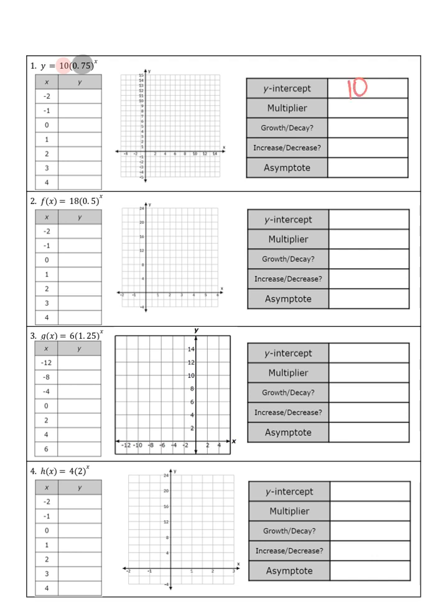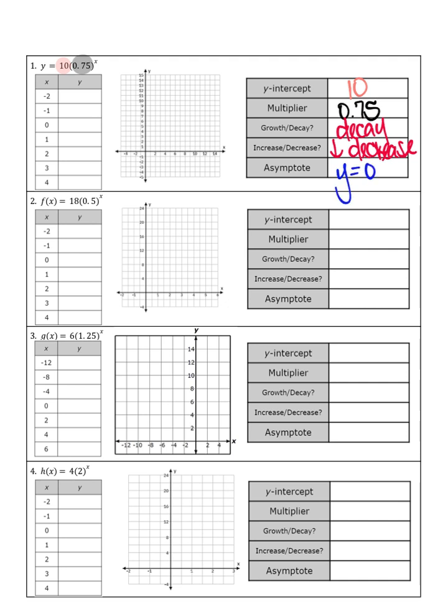My multiplier is 0.75. That number is below 1, so that is going to be a decay. My decay means that I am going to go down or decrease. And my asymptote is going to be y is equal to 0.